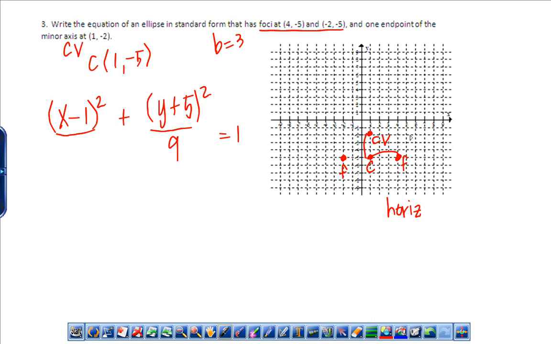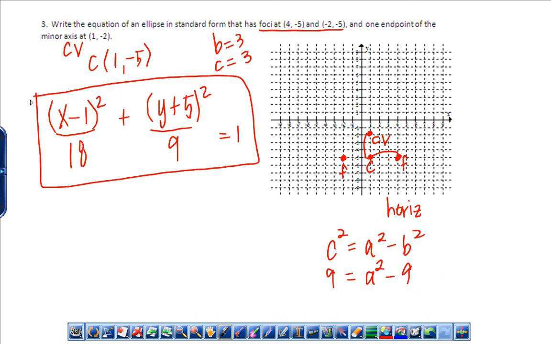So we know also C is 3 as well. So let's do C squared equals A squared minus B squared. So if c squared is 9, we don't know a squared, but b squared is also 9. If we solve for a squared, because all we need is a squared, it looks like a squared is going to be 18.